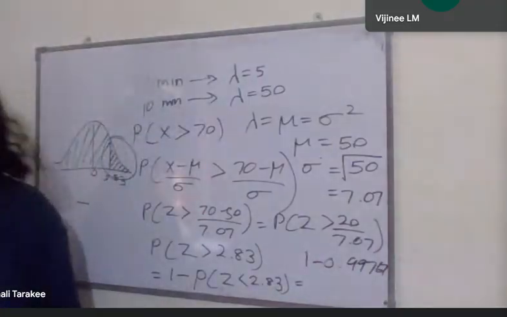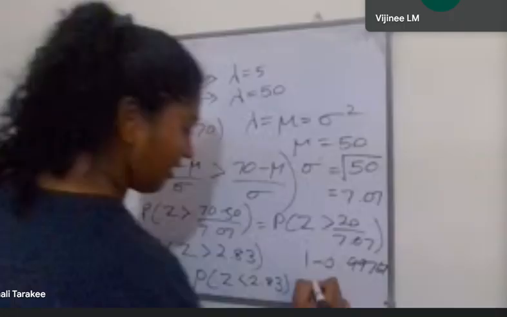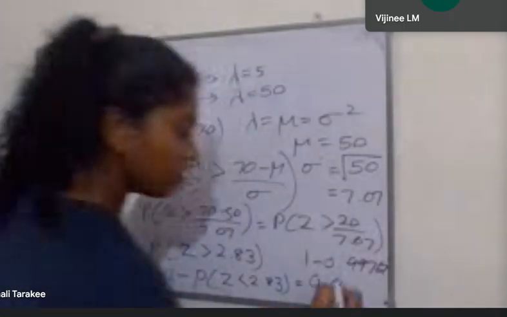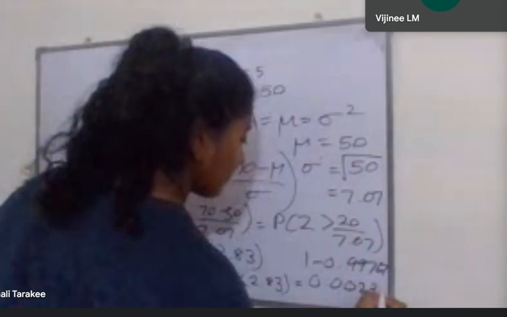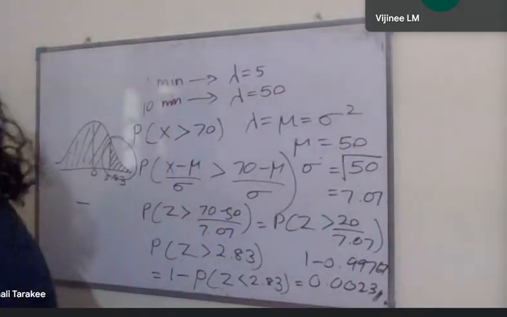So once you simplify this one, you get something close to 0.0023. Okay.